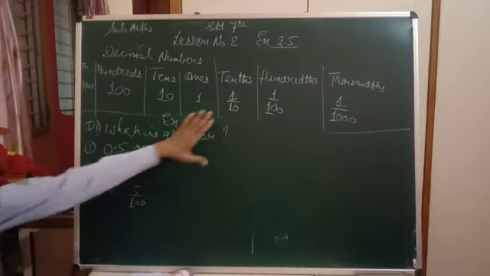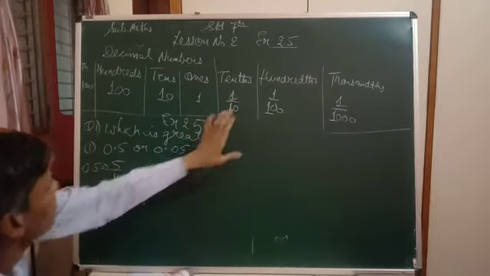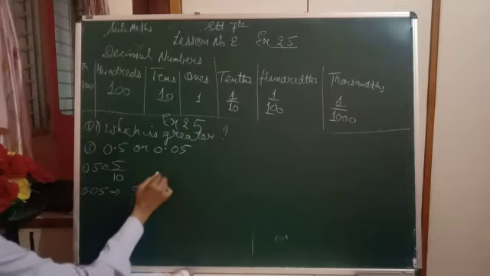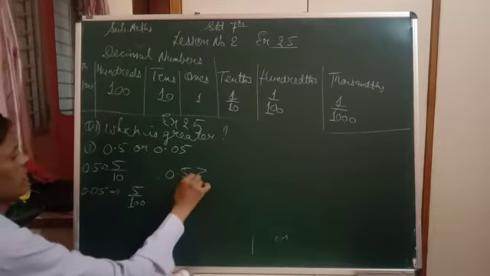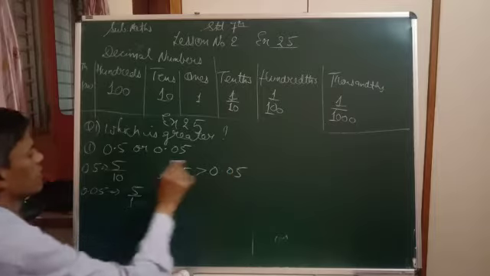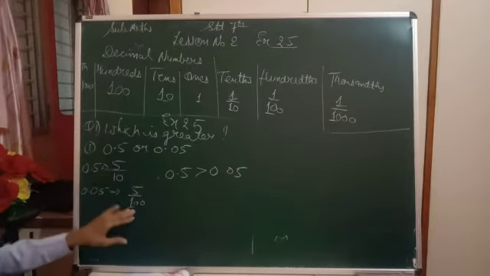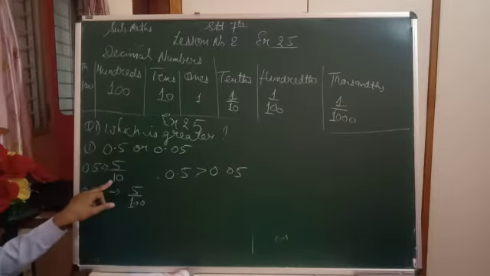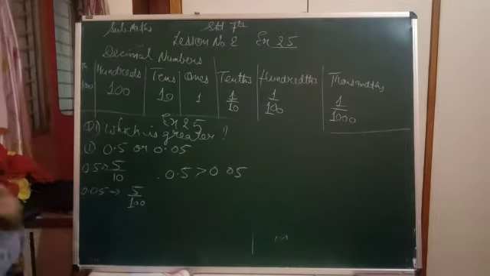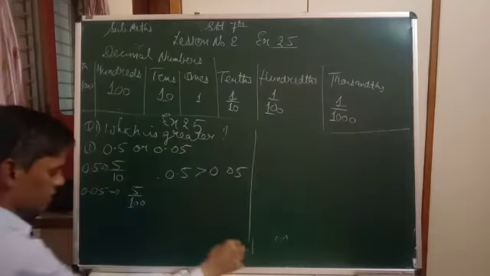So which is on the left hand side of these two numbers? 1 upon 10, this means tenths place is bigger. Therefore 0.5 is greater than 0.05. Here the tenths place is bigger than the hundredths place in decimal form. Is that clear?